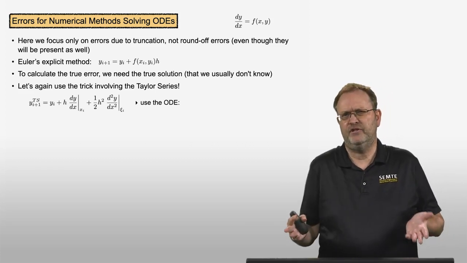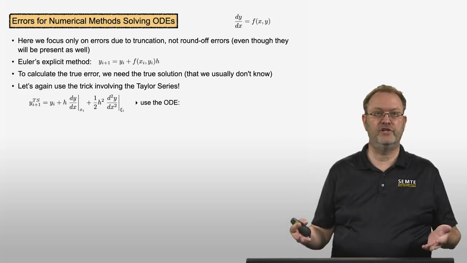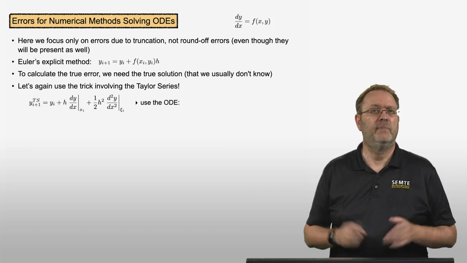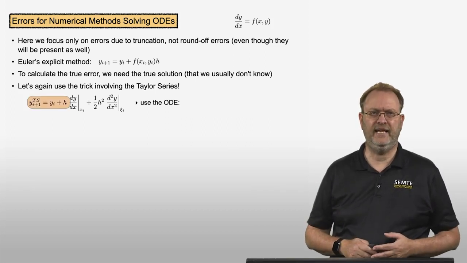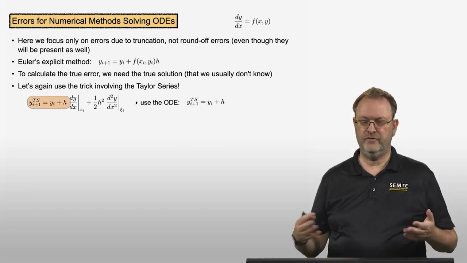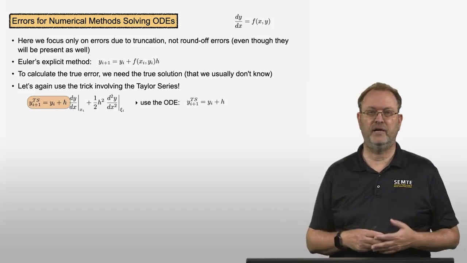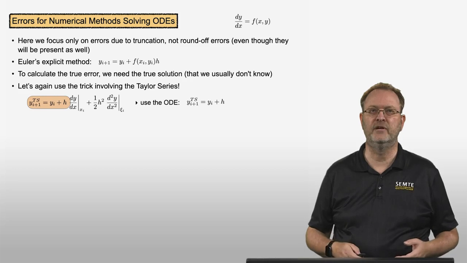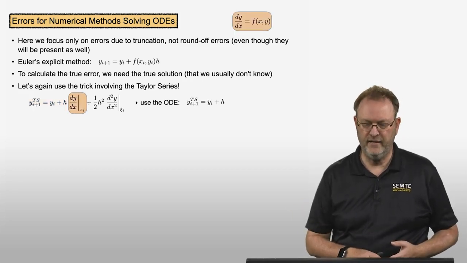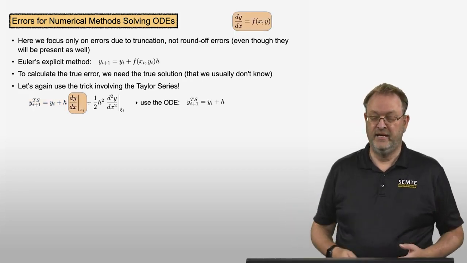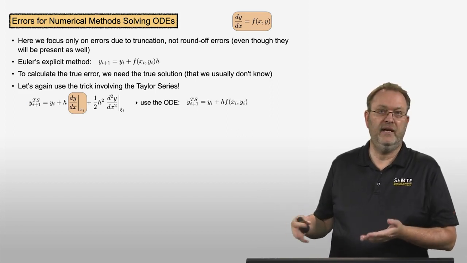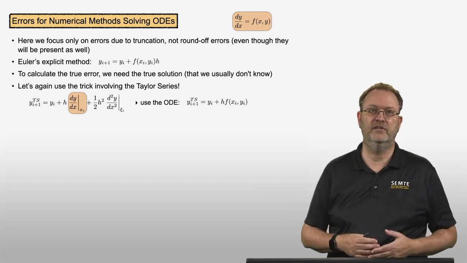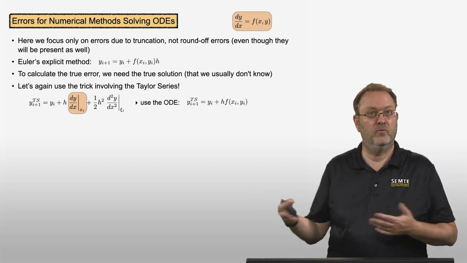Now I can't use this really to find out what my true solution is because I don't know the value of xi_i. But let me use the ODE, right? So if I use the ODE, I know that the first part remains unchanged. y_{i+1} true solution is equal to y_i plus h. And now I'm going to use the ODE for dy/dx. And that says that has to be f at where I calculate this derivative, and that's at x_i, y_i.